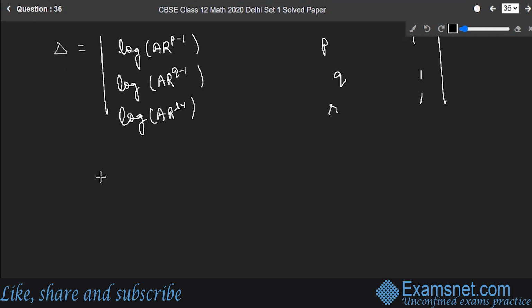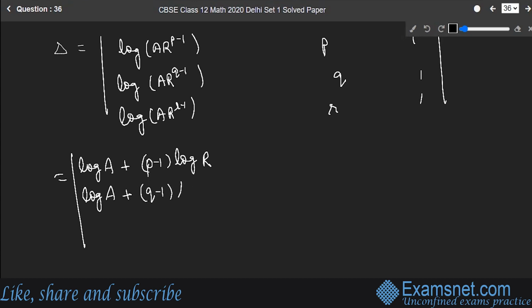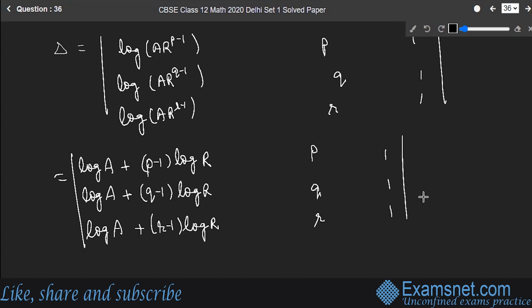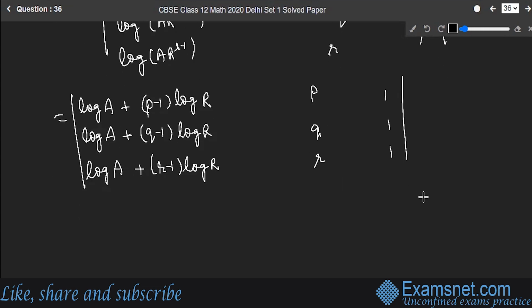Okay, now this log can be written as log a plus (p minus 1) log r, log a plus (q minus 1) log r, log a plus (r minus 1) log r. Here is p, q, r and 1, 1, 1. Fine. So I'm going to split it up now.